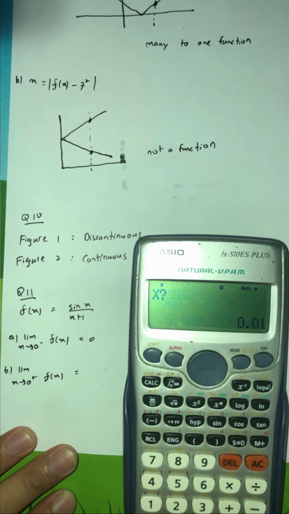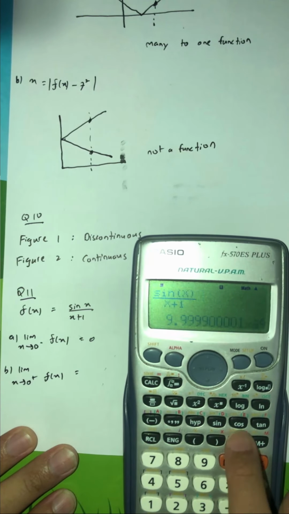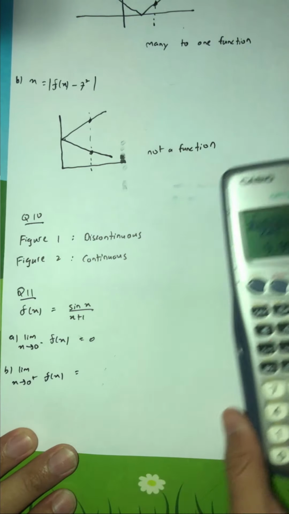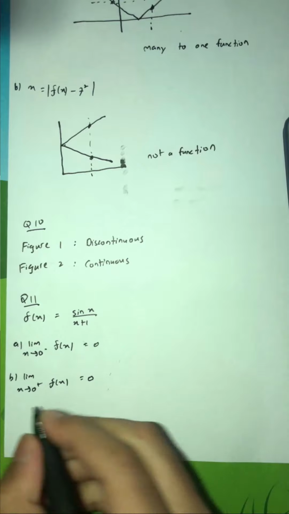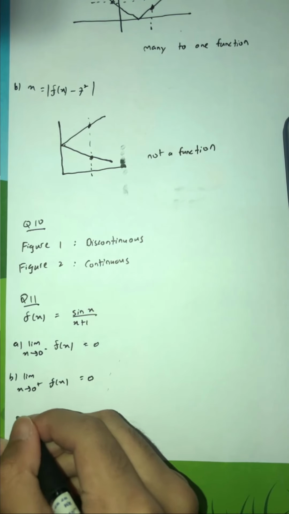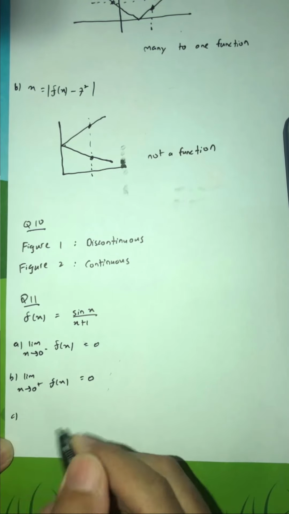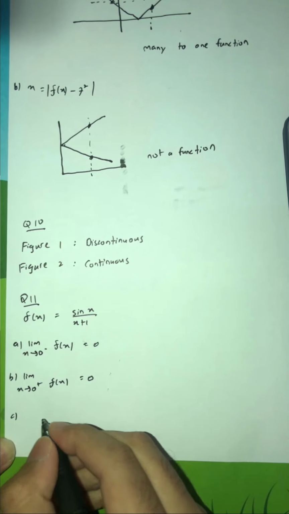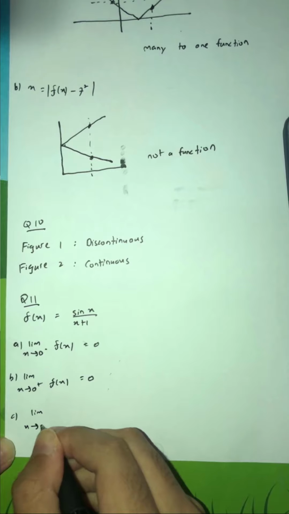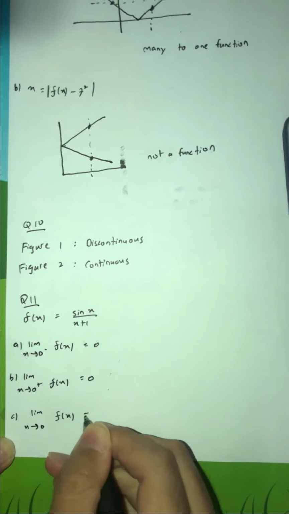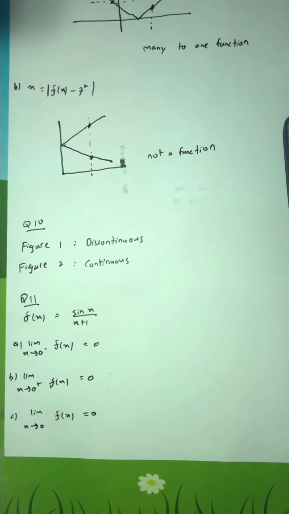It is smaller. It is even smaller. So it's safe to say that from the right as well, it is approaching 0. So when the limit from the left and the limit from the right are approaching the same number, the limit exists and the value of the limit is 0.